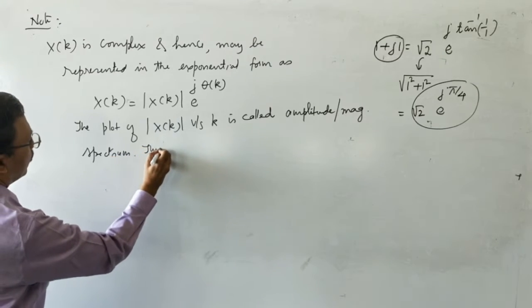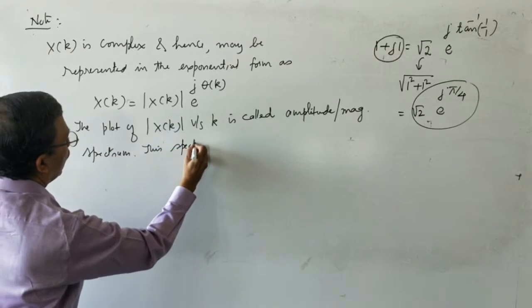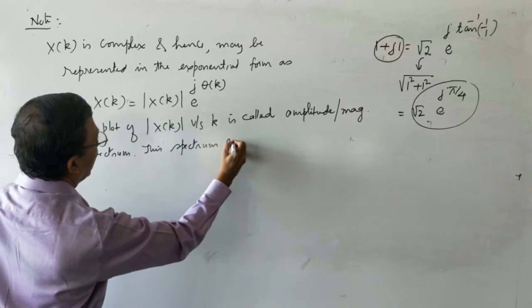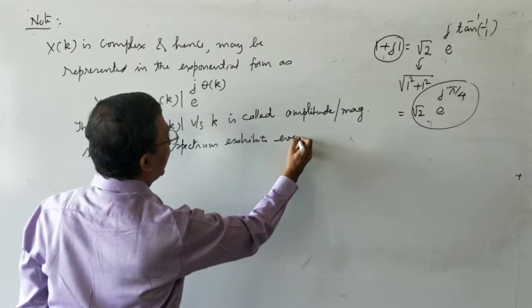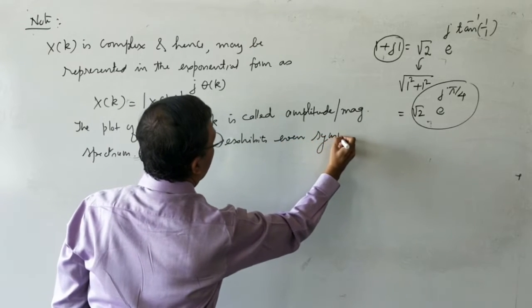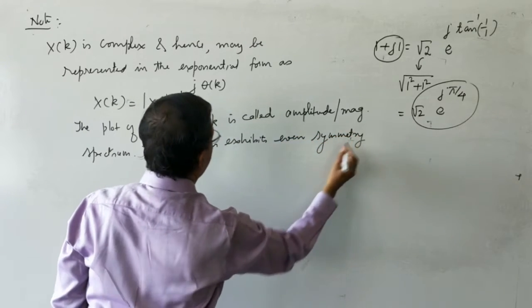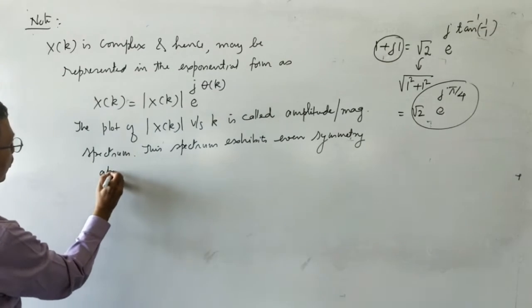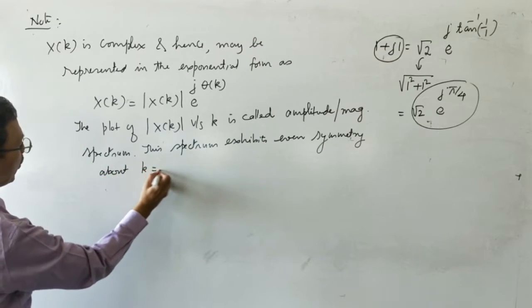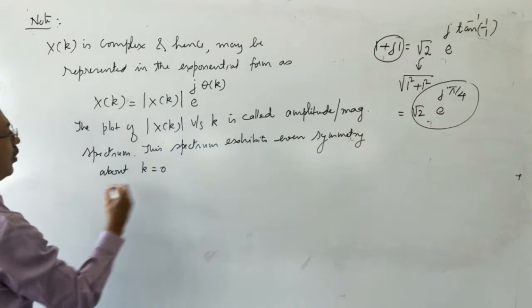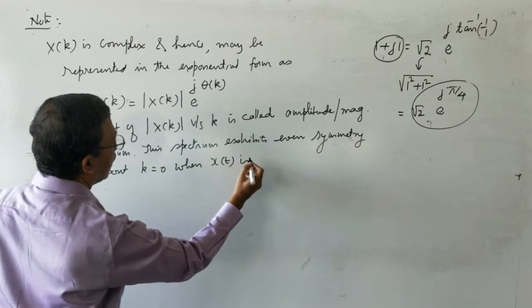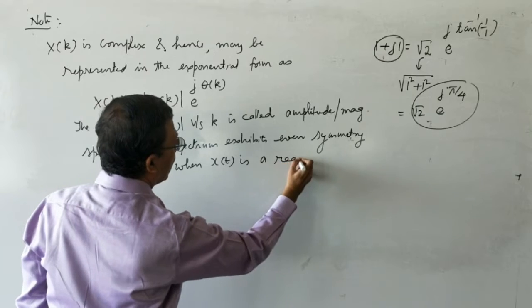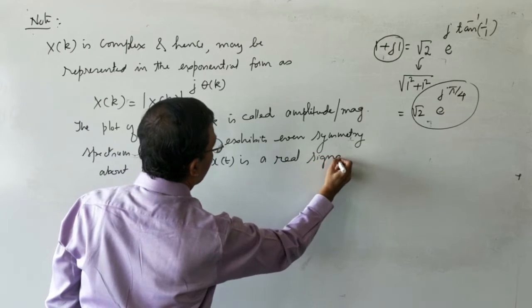This spectrum exhibits even symmetry about k equal to 0, when x of t is a real signal. Very important.